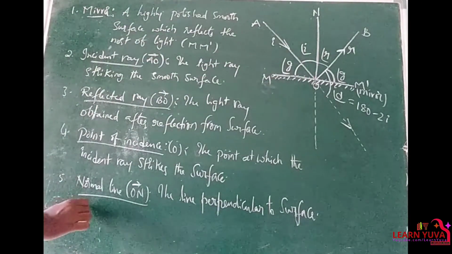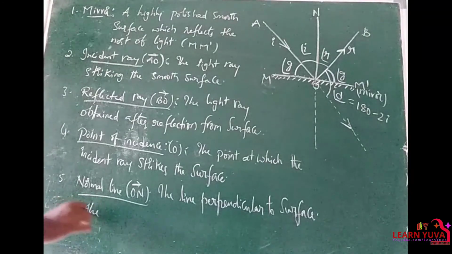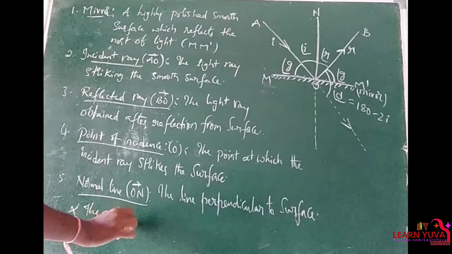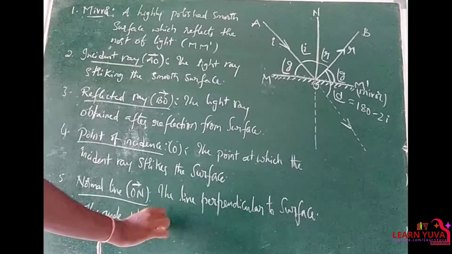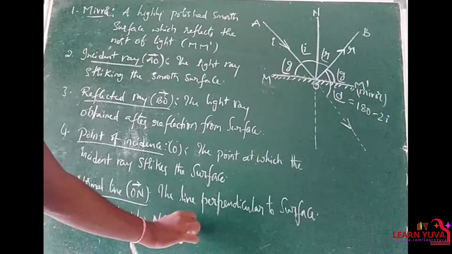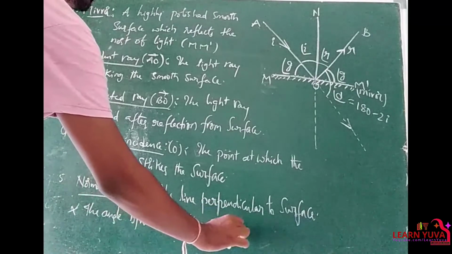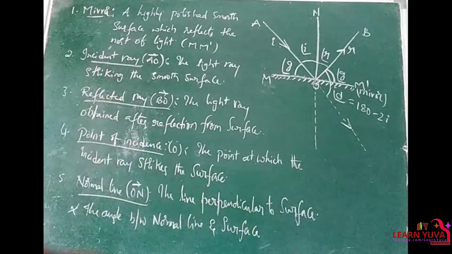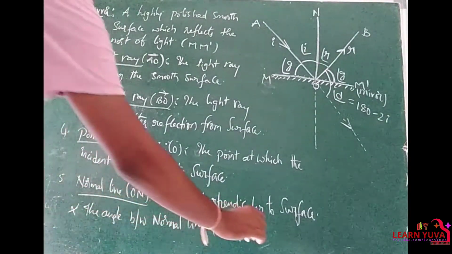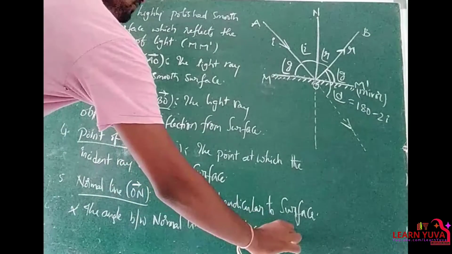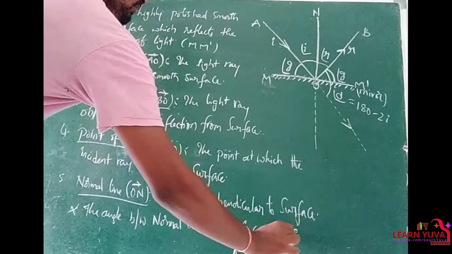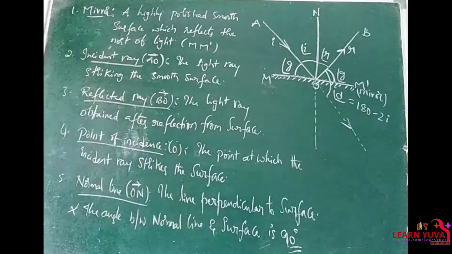Remember, the angle between the normal line and surface is 90 degrees. Important.